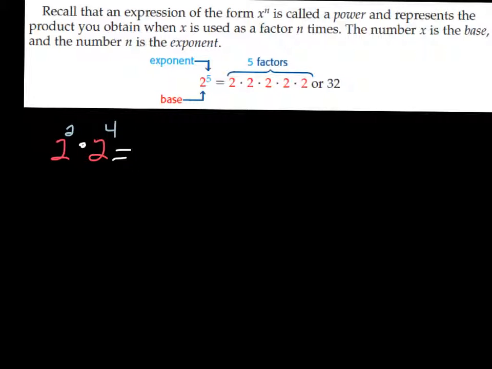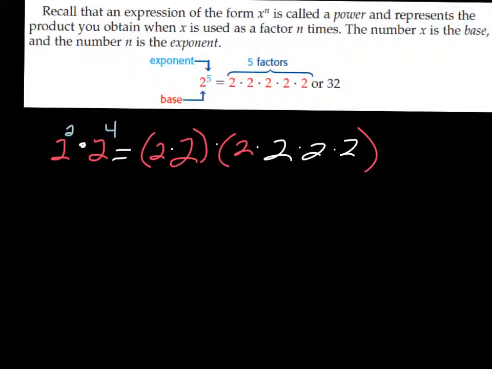So if we make up our own problem and we look at 2 squared times 2 to the 4th, that'd be 2 times 2 times 2 times 2 times 2 times 2. Okay, so I've got all together 1, 2, 3, 4, 5, 6 factors of 2.